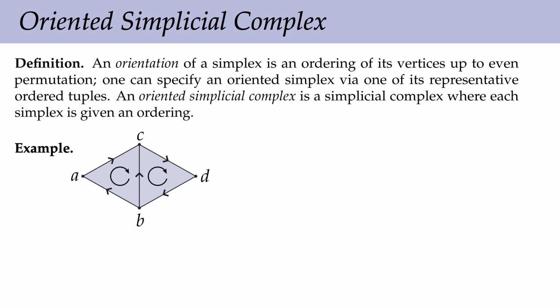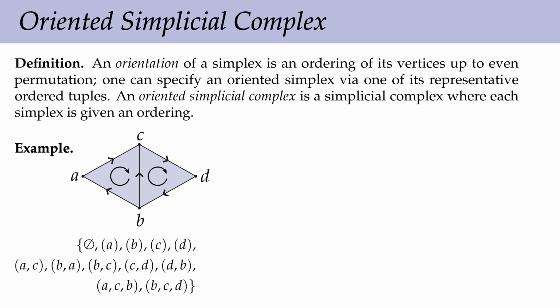We can write this oriented simplicial complex out as a set, right? So as before, we still have the property that if I have a triangle, then all of its edges have to be in the complex. If I have an edge, its vertices have to be in the complex, and so forth, right? Except that each of those elements is given an orientation.